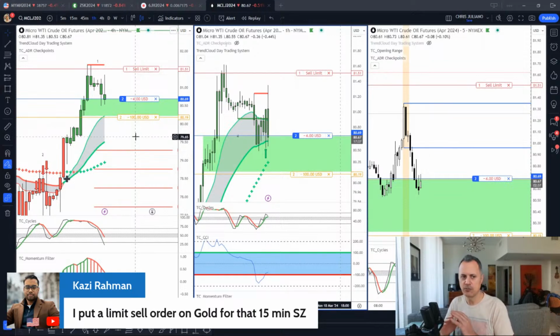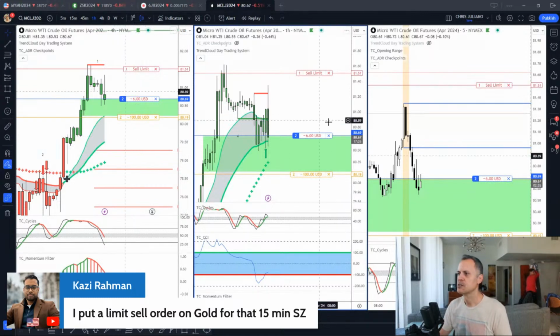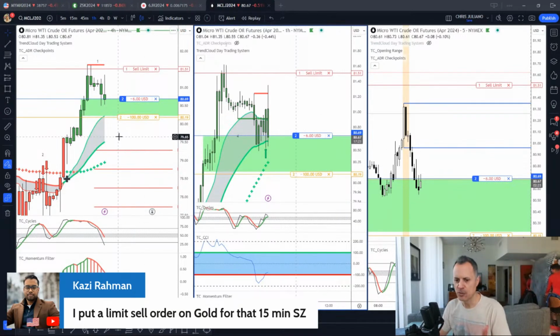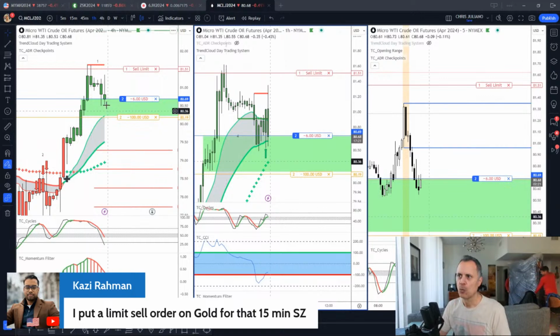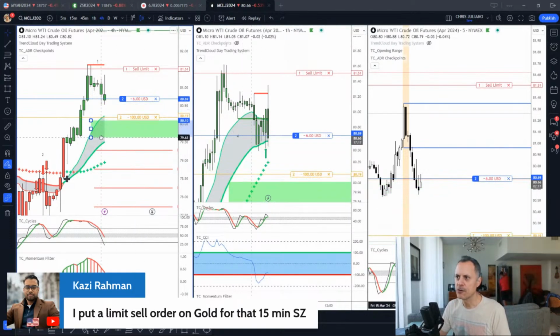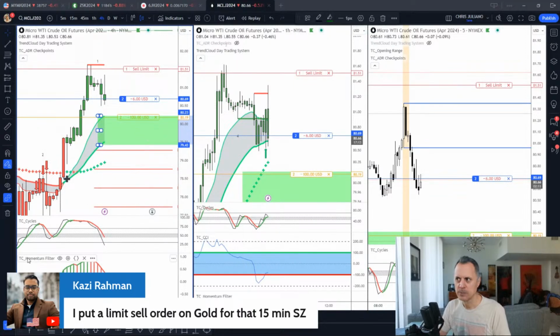And if you don't understand that concept, you're going to have a lot of trouble identifying where we should enter this trade. Okay. So Trend Cloud is going to show you where the corrective move is going to end. Well, on the 4-hour chart, it's right here, right?